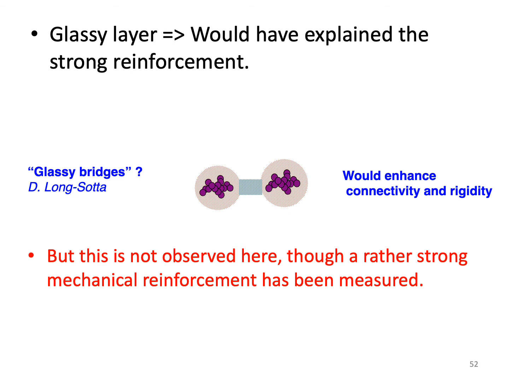Indeed, the existence of glassy bridges of polymer between two aggregates of nanoparticles would have explained the strong reinforcement, because it would enhance the connectivity between the aggregates, so make some large distance connectivity, and also the rigidity, since this connectivity would have been rather rigid due to the glassy state.